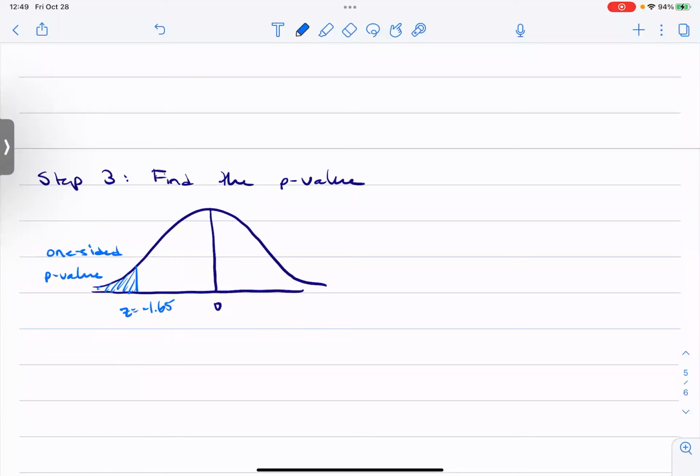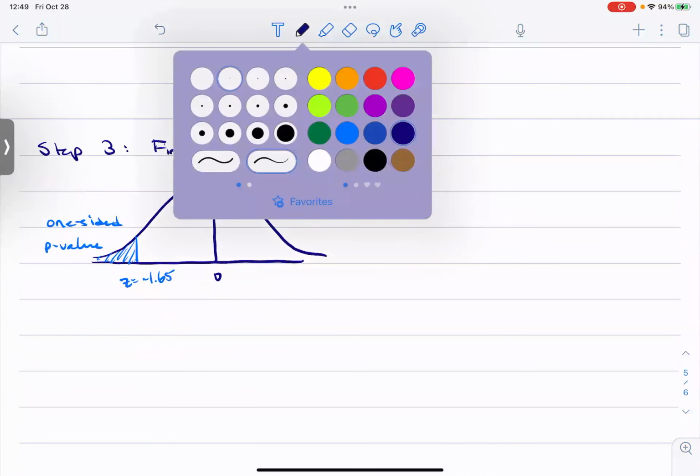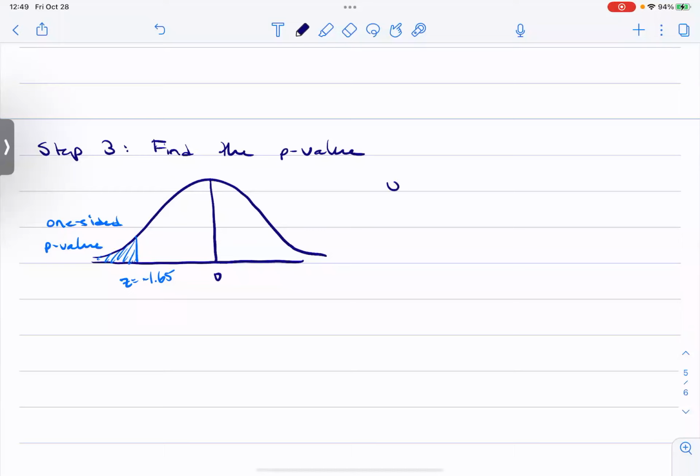If I need the two-sided p-value, which we do, we have a two-sided test, then I need to find my one-sided p-value, and then I need to replicate it in the other side just by multiplying by 2.